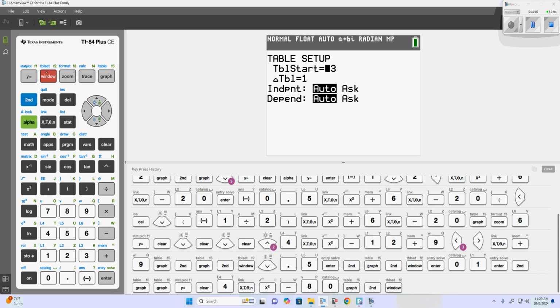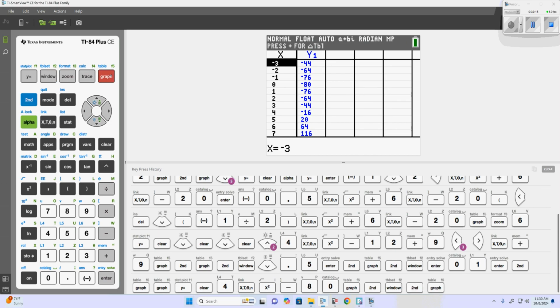It doesn't matter as long as it's not a decimal. So negative 3, 0, negative 11. That's fine. All that means is when you hit graph, it's going to be the first number that pops up at the top. So if it's 0, the first number is going to pop up as 0. So it doesn't really matter. That table set needs to be 1.